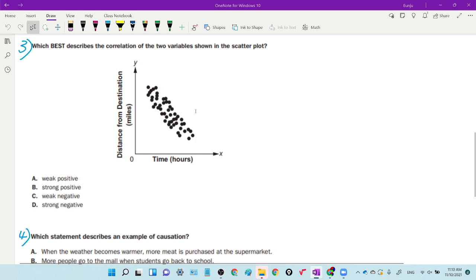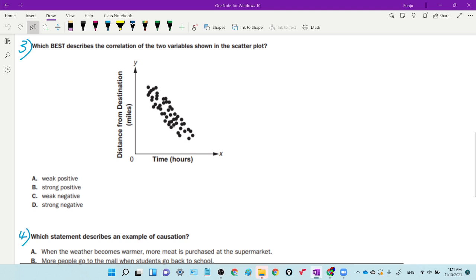Number 3 looks easy, and we will do it now. Which best describes the correlation of the two variables shown in the scatter plot? So the x-axis is time, the y-axis is distance from the destination. Okay, so all the scatter plots are trending this way.